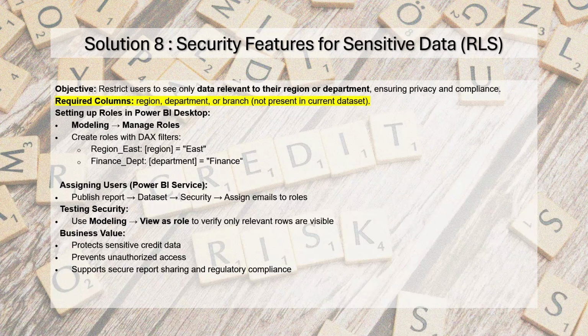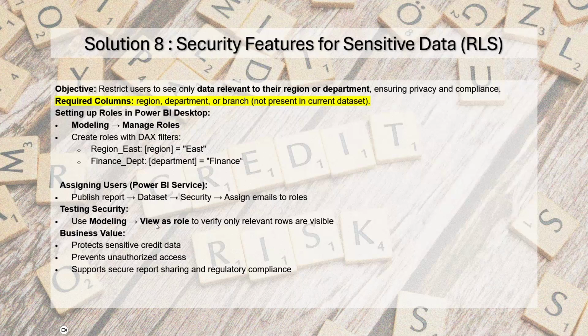Due to the unavailability of these columns, RLS could not be implemented on this dataset. However, if they were present, I would have created roles with DAX filters like region equals east, or financial department, and then assigned the roles according to the emails. This is the process by which I can put RLS into action.